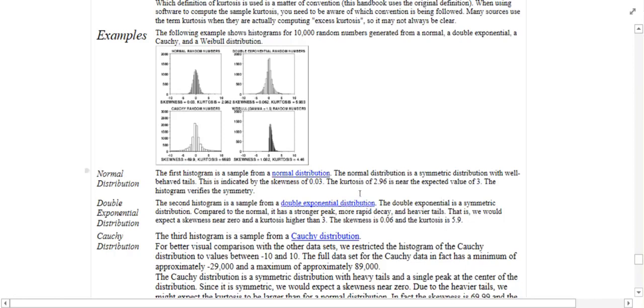The second histogram is a double exponential distribution, which is symmetric. Compared to the normal, it's got a stronger peak, more rapid decay, and heavy tails, and you can see that here. So you expect a skewness close to 0, which is what's reflected, and a kurtosis higher than 3, which again is what's reflected here. Skewness in this case is 0.06, and kurtosis approaches 6, at 5.9.